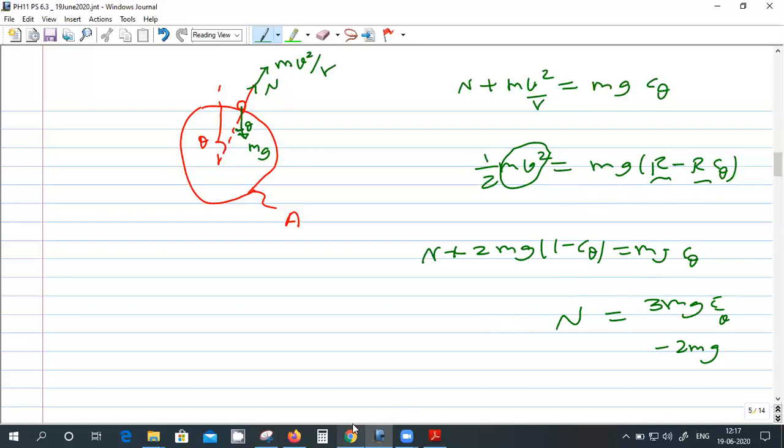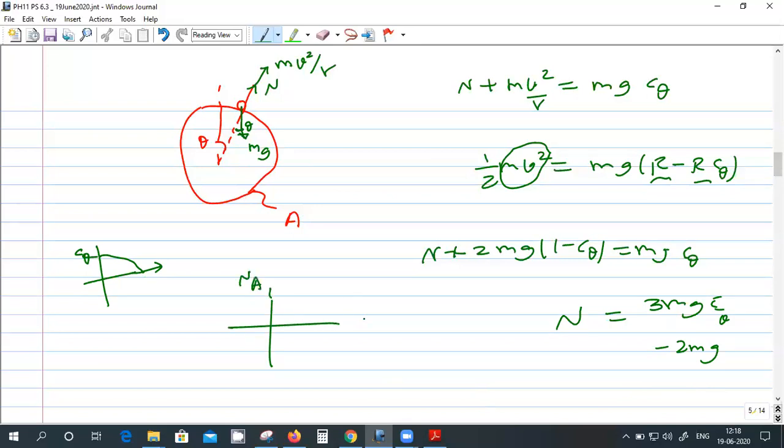Okay. And this is cos 0, right? And cos will go down like this. This is cos theta. So cos theta is going to decrease, the normal reaction will decrease. At one stage, it will become 0. So at initial position, when theta equals 0, the normal reaction is mg.